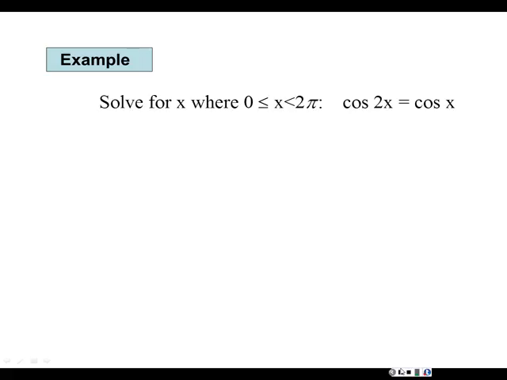So if cosine x equals 1, what are the angles? Zero. Okay. And what else? Anything else? One option is 0 degrees because cosine is 1 at 0.